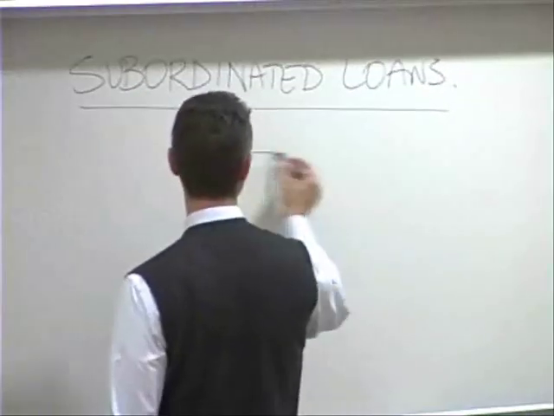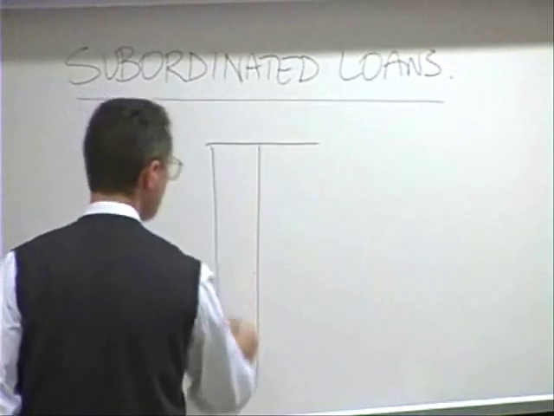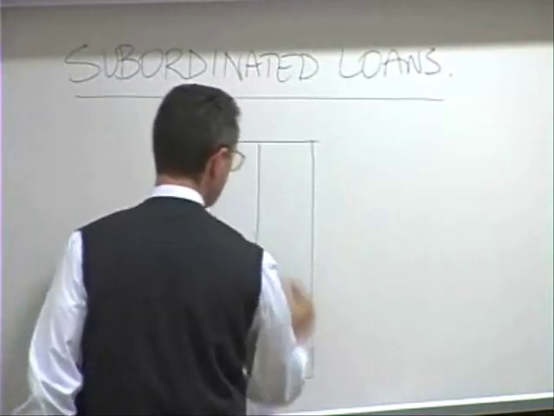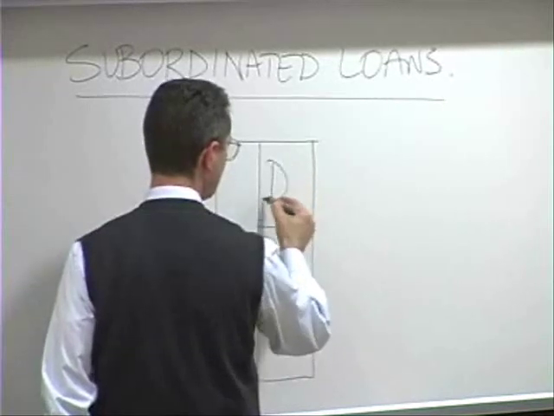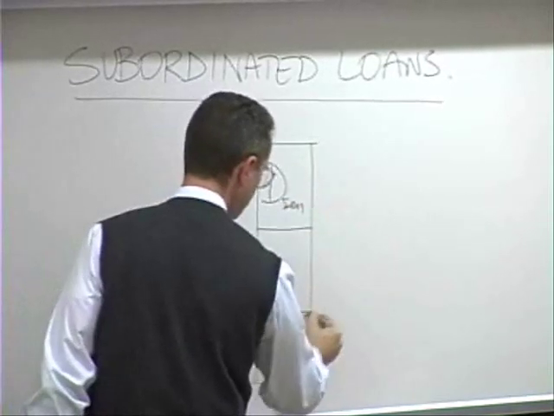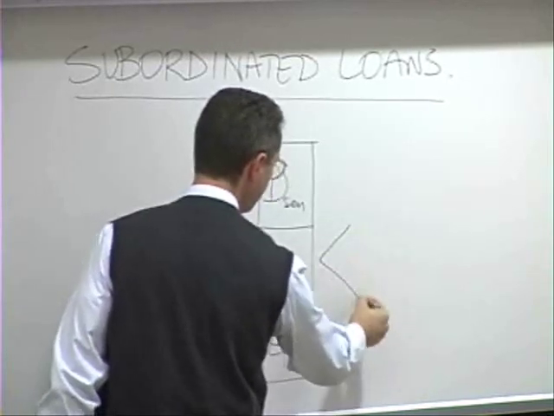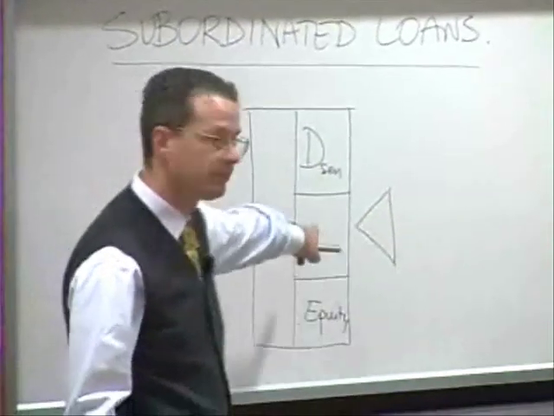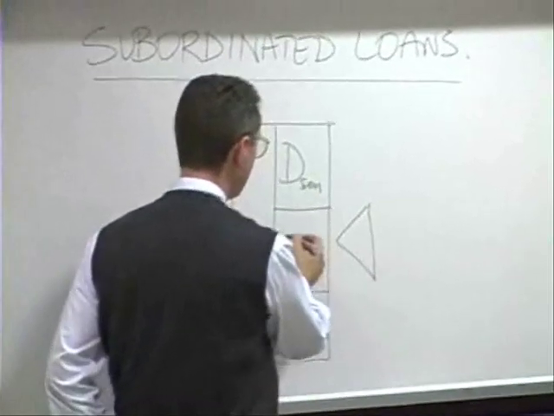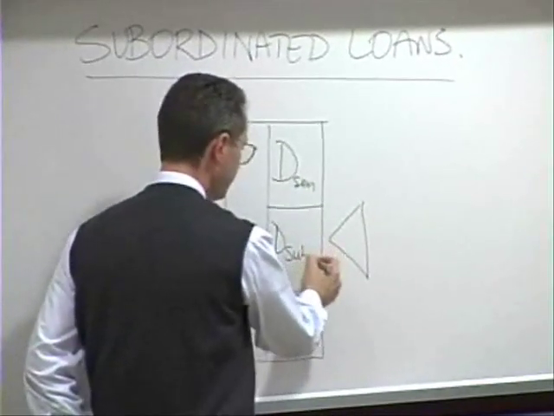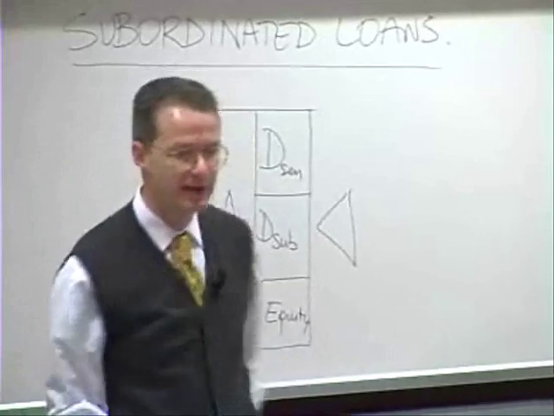So ideally, the situation of subordinated loans is midway between the standard senior debt and the standard pure equity. It is a hybrid. The subordination is here. It's a second line that can be used in order to finance the project assets.